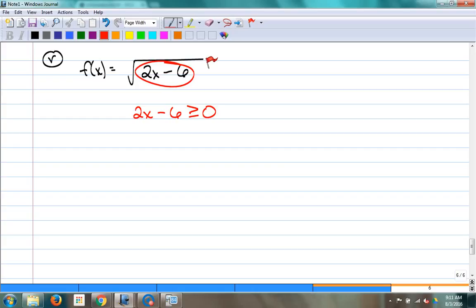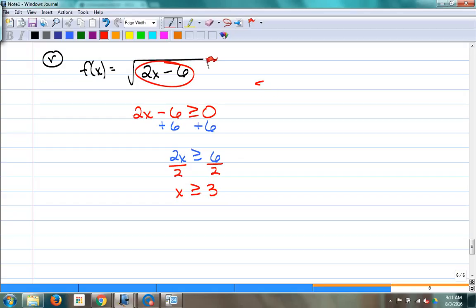So for that, you're just going to solve it. Good old Algebra 1. And then we would divide by 2. And I don't flip my symbol because I didn't divide by a negative. So it's x is greater than or equal to 3.